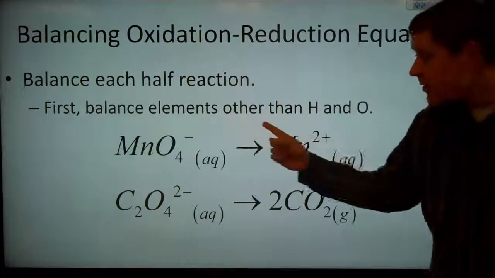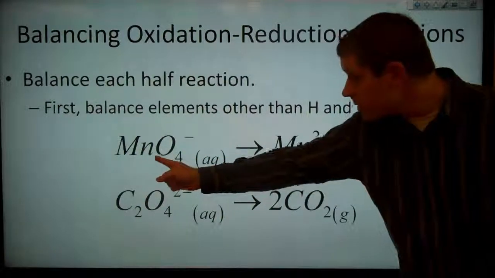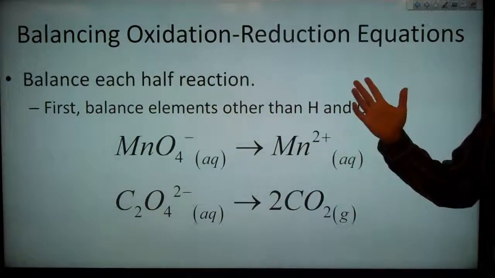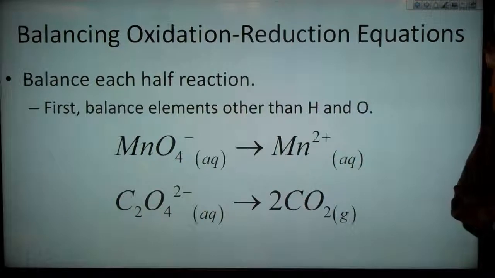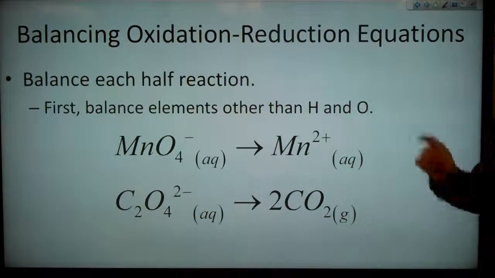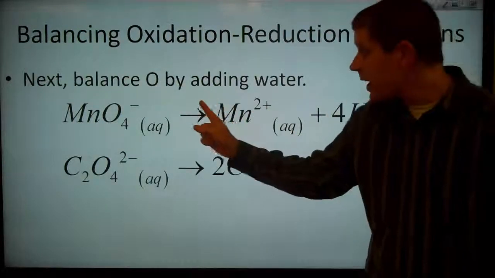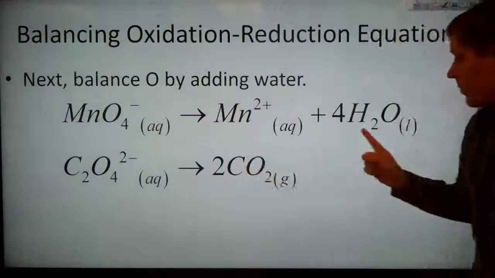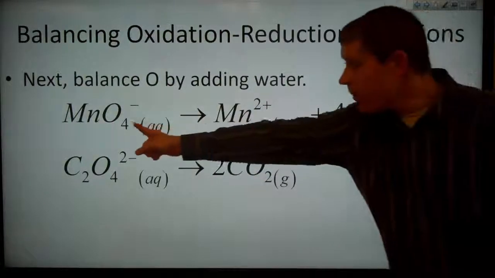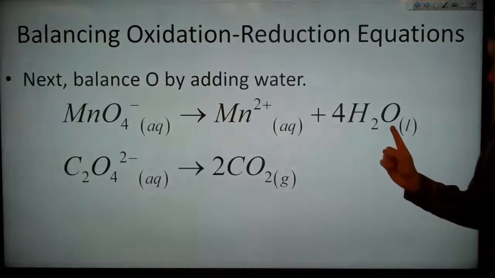First, let's balance the elements other than hydrogen and oxygen. For permanganate, we don't need to make any changes because the number of manganese atoms is the same. For oxalate, we need to put a 2 in front of CO2. Next, we'll balance oxygen by adding water. We have 4 oxygen atoms on the permanganate side, so we need 4 waters on the other side to balance that.